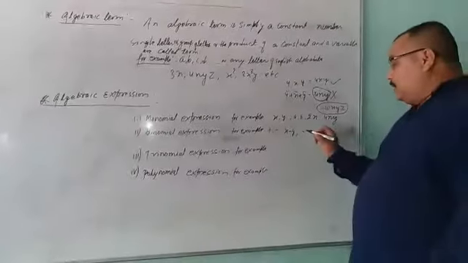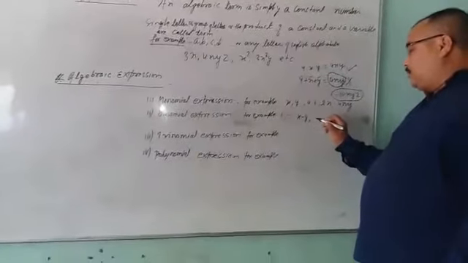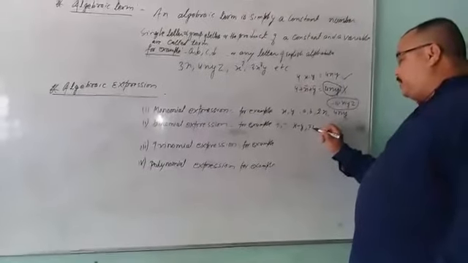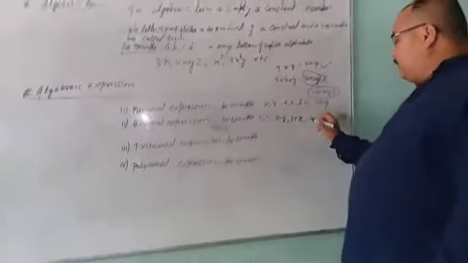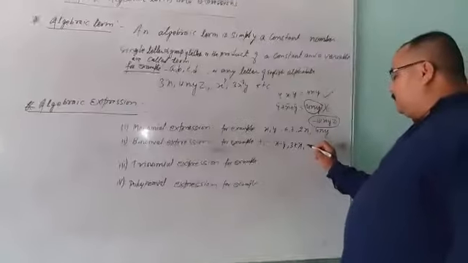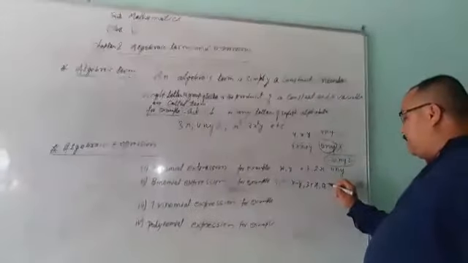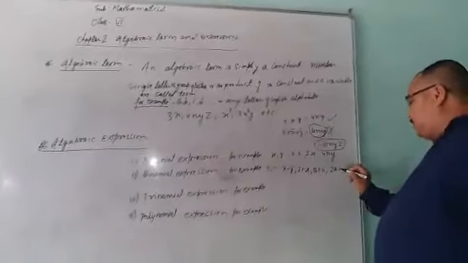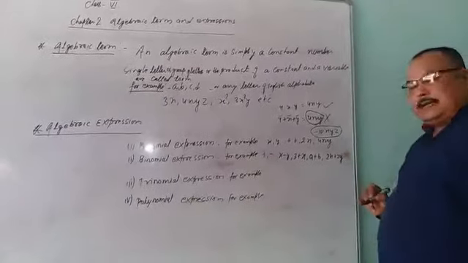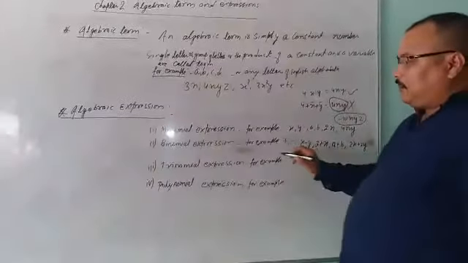And 3 plus x is another example. Similarly, a plus b is another example. 2x plus 2y is another example. So these are examples of the binomial expression.